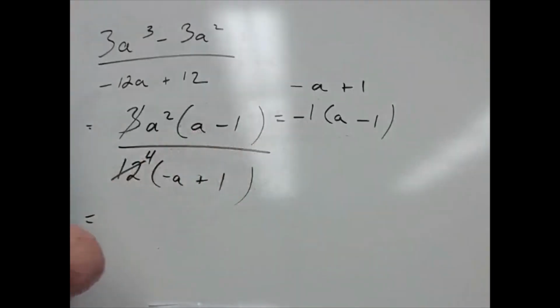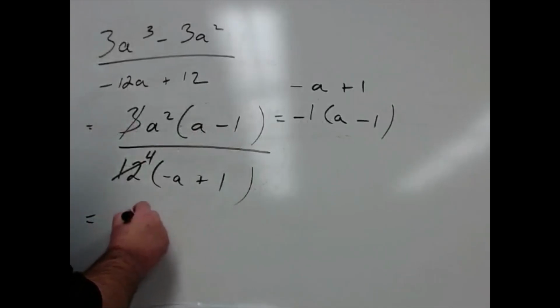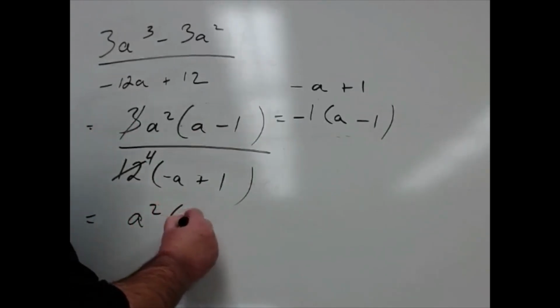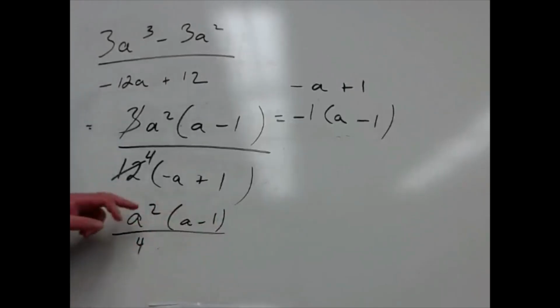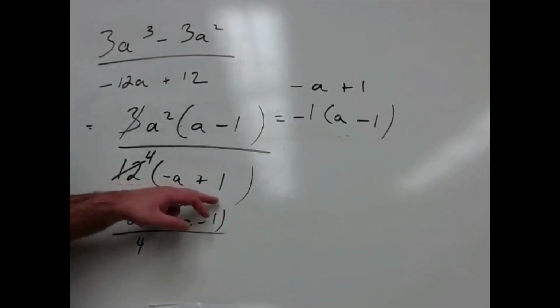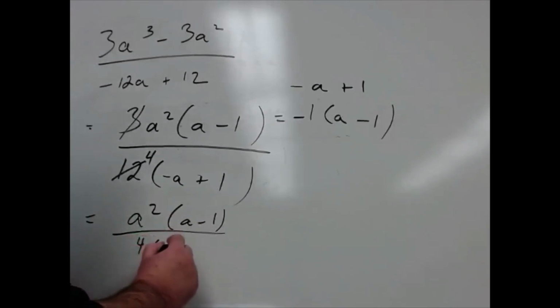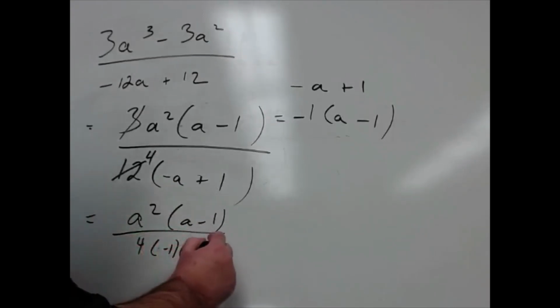So I'll rewrite things to make them look a little nicer here. So I've got a squared times a minus 1 over 4. And I'm changing this one up to be negative 1 times a minus 1.